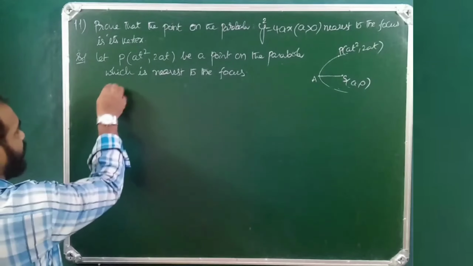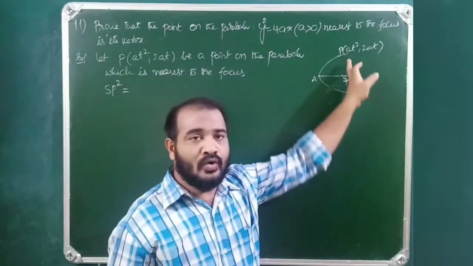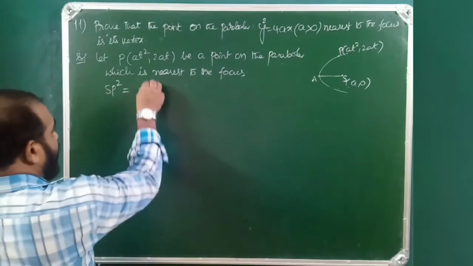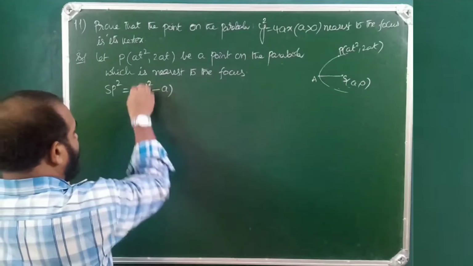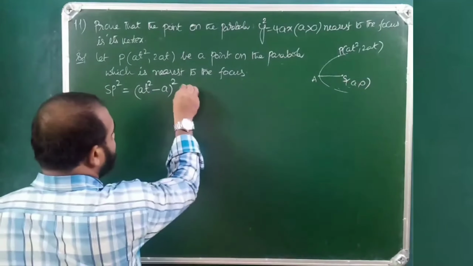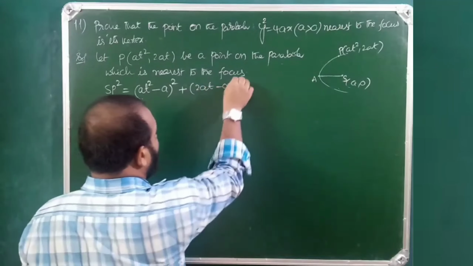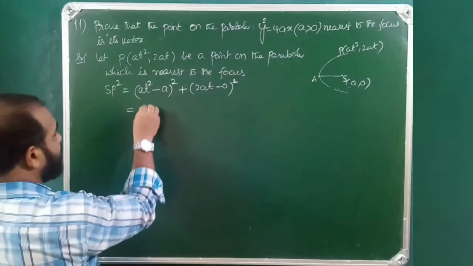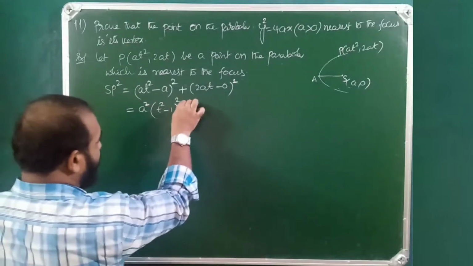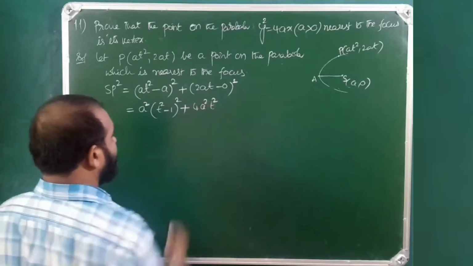Now SP square is nothing but the distance between the 2 points. So SP square equals a t square minus a whole square plus 2a t minus 0 whole square. This is a square into t square minus 1 whole square plus 4a square t square.